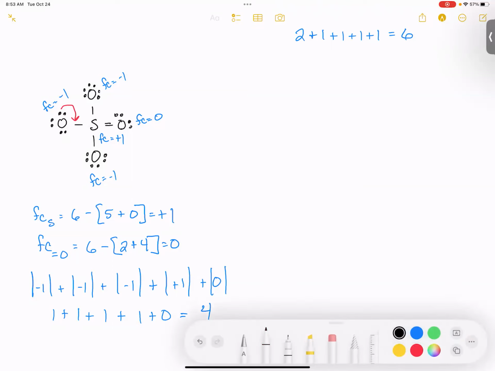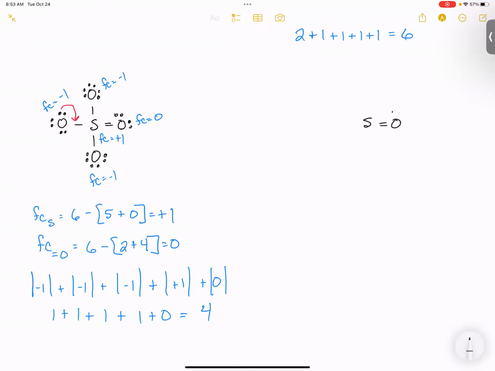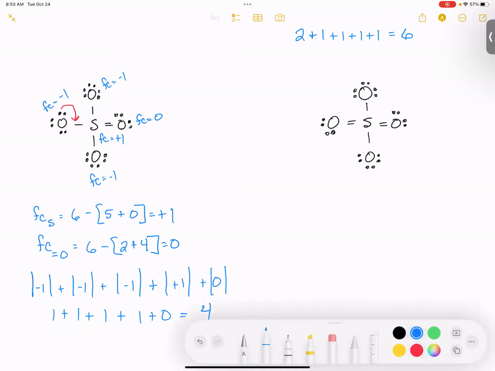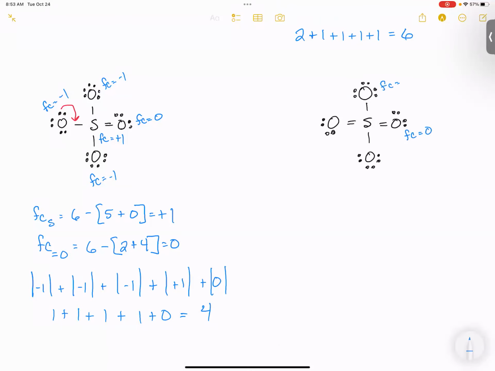So when we do so, the structure that forms is this structure. And everything that remained the same, the formal charges remain the same. So we only have to calculate it for the things that we changed.